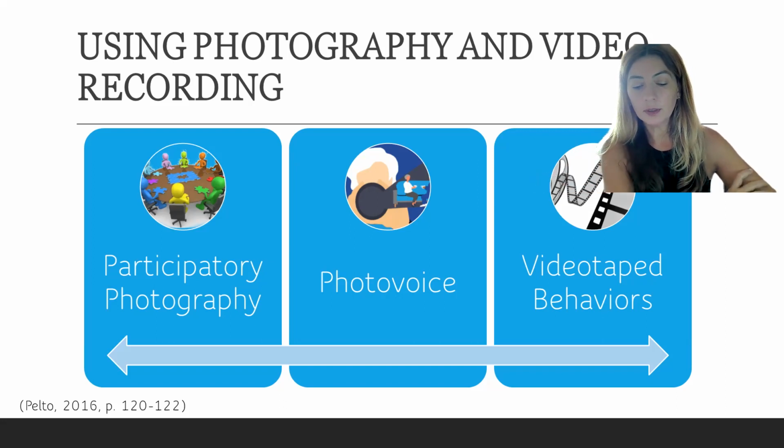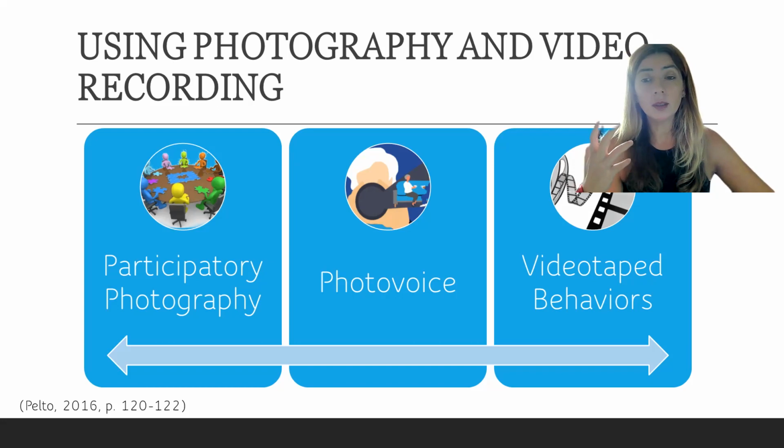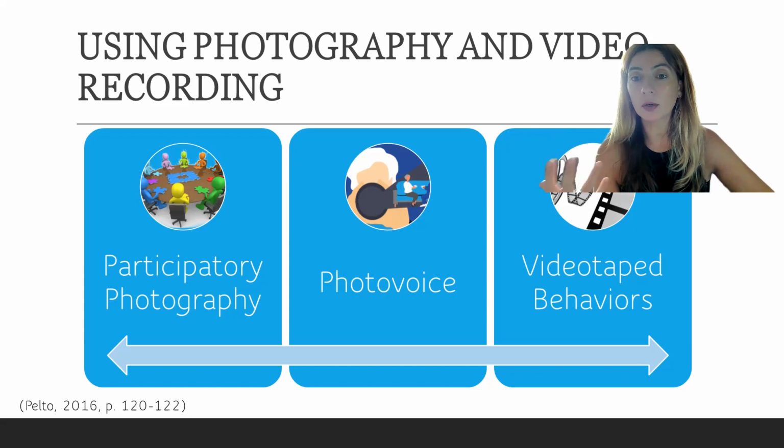On the other hand, descriptions of ethnographic marketing research indicate widespread use of video recording, particularly to get data about people's use of specific products. So in marketing research, you can allow participants to videotape how they use certain products and how they make decisions to purchase those products. Those behaviors can be videotaped.